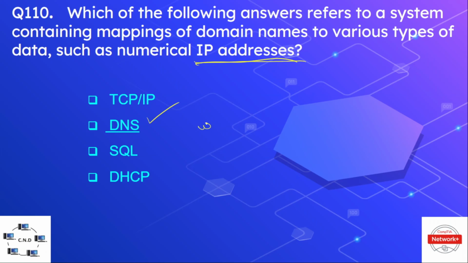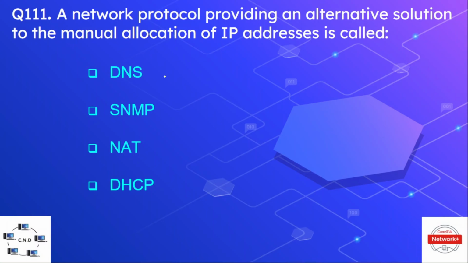For example, let's suppose we have a domain name of www.google.com. Let's suppose the IP address for google.com is given, so this mapping is done through DNS or domain name system.